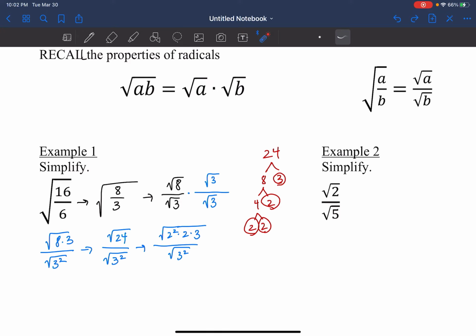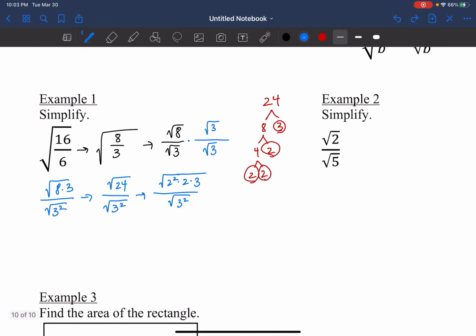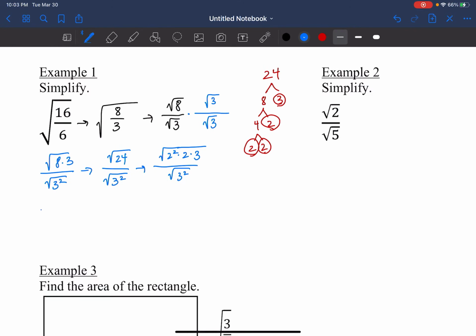All right, so now I'm going to end up using this property on this part right here. So that is going to become the square root of 2 squared times the square root of 2 times 3 over the square root of 3 squared. The reason I'm doing this is because this square and the square root technically will reduce each other out. Same thing with those two.